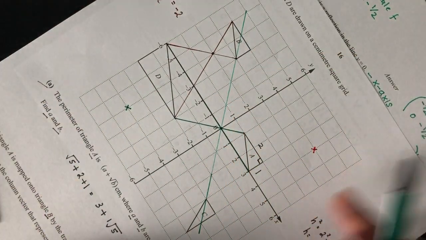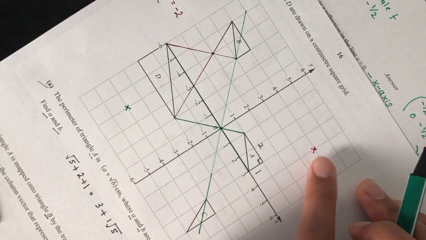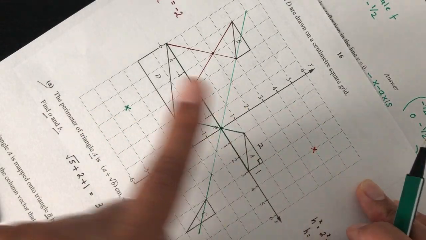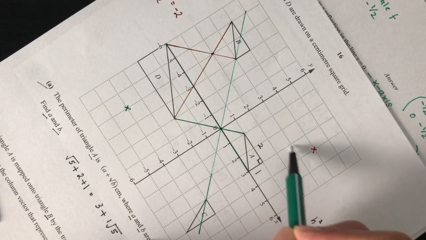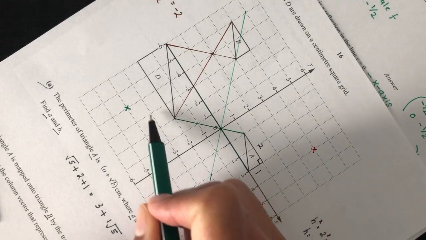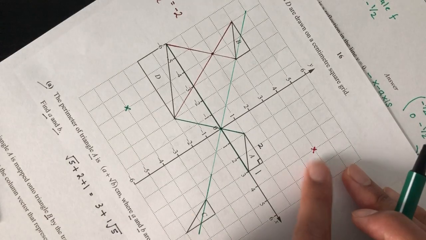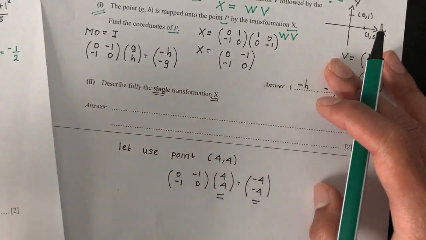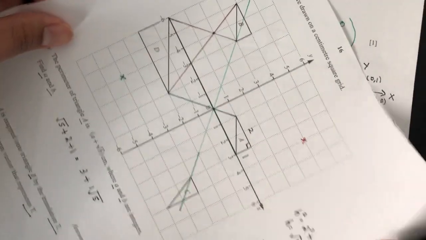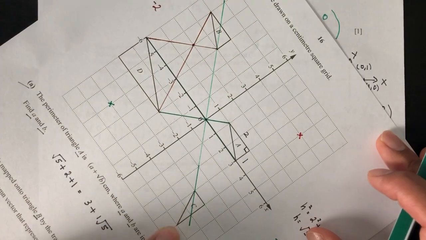So the single transformation to make this become this: we reflect this on this line to become this. You can also check by counting: 1, 2, 3, 4. 1, 2, 3, 4. So yep. To make this point become this point, we use the matrix of X, and this matrix X represents a reflection in the line y equal to minus x.